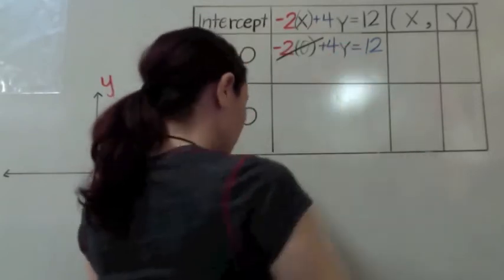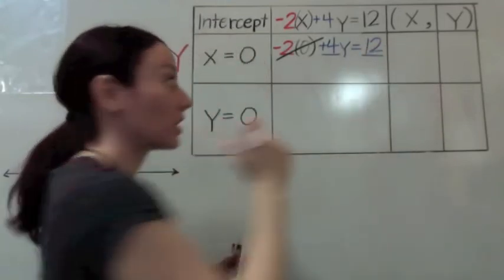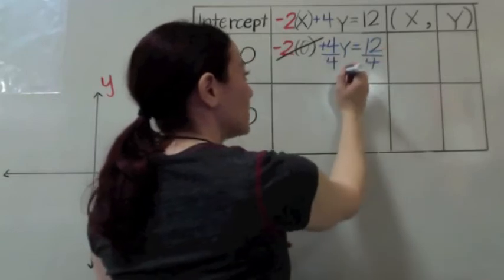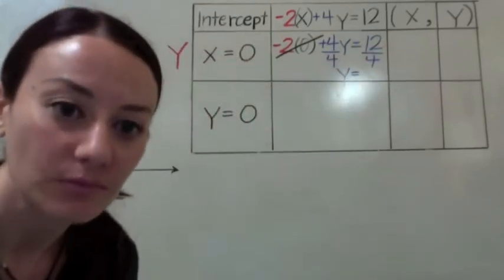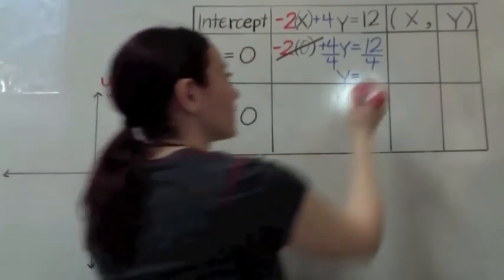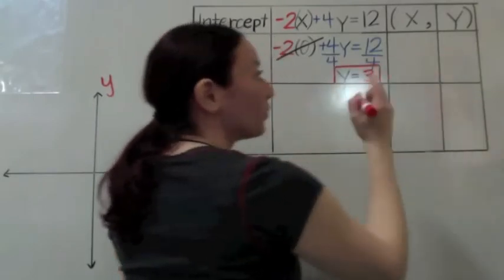So we're going to divide both sides by what? Remember this? We're going to divide by 4. So what does y equal then? What's 12 divided by 4? 12 divided by 4 is 3. Very good. So y would equal 3.